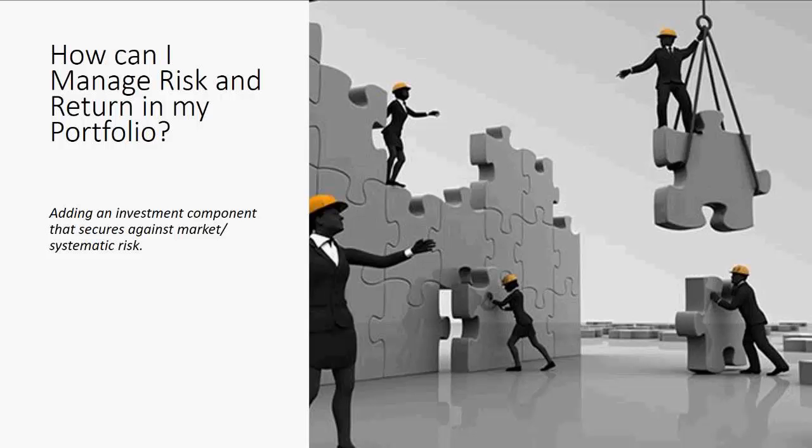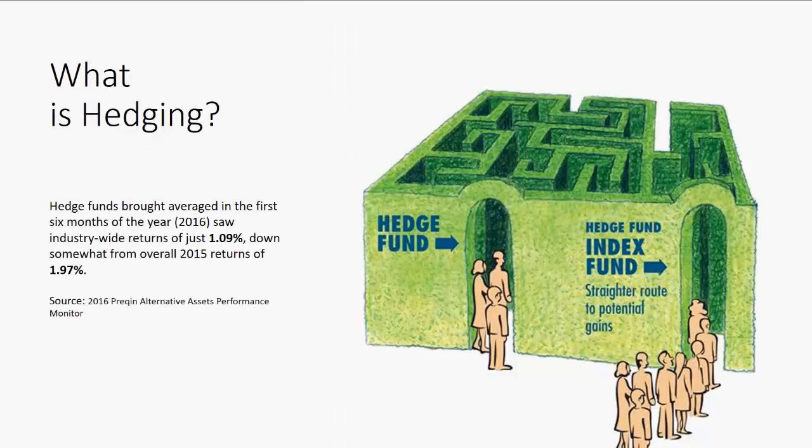Let's talk about hedging. I'm not going to go on about this too much. Most of the people in the room are high net worth, so you should already know this. Hedge funds are typically made up to try and outperform the stock market.